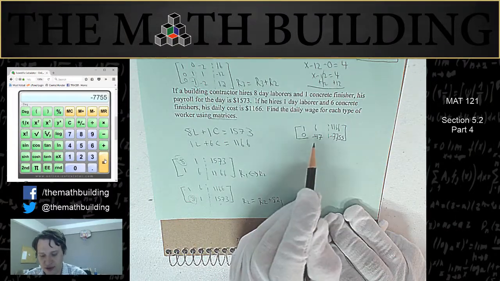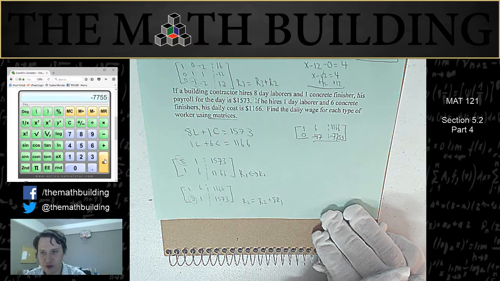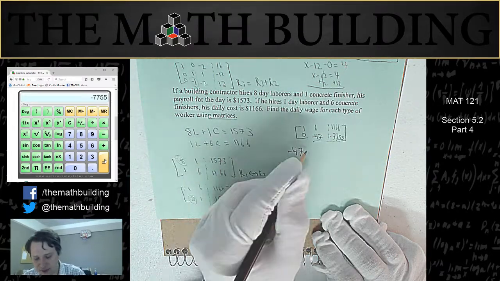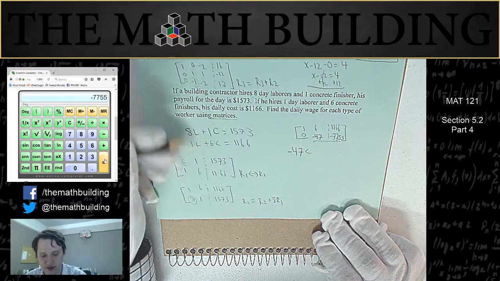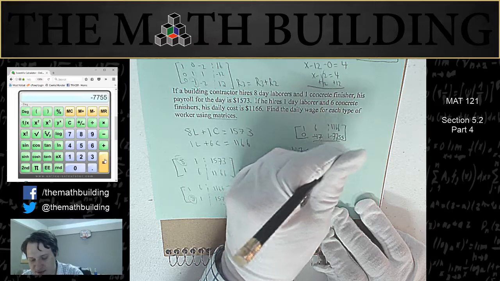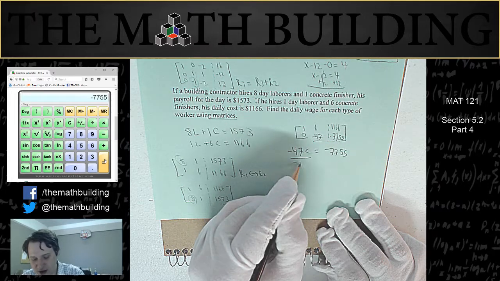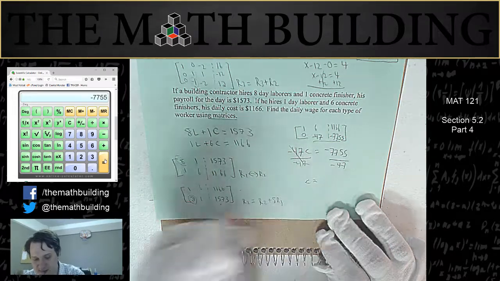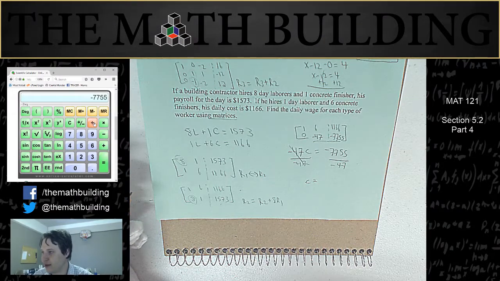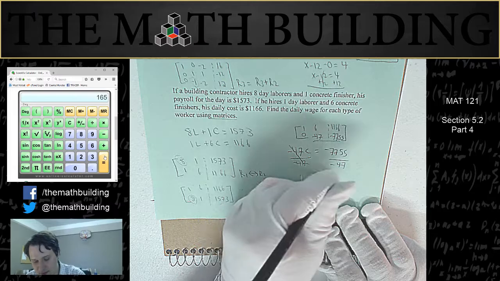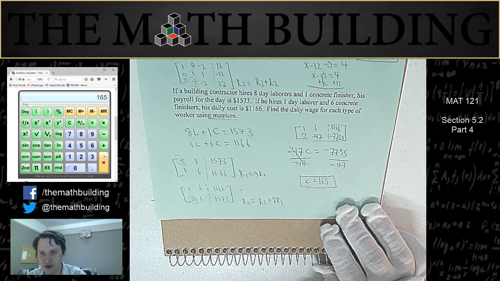And now we're pretty much there because we have negative 47 times C, because you remember the second column was C and the first column was L. So negative 47 times C is negative 7755. So if we divide both sides by negative 47, we will get C equals 165. C equals 165.